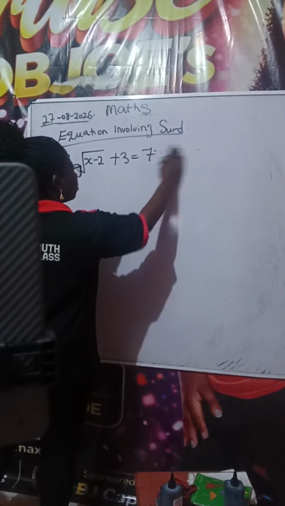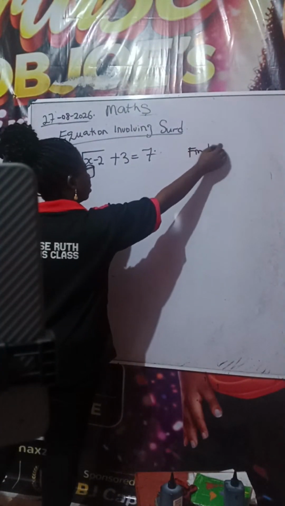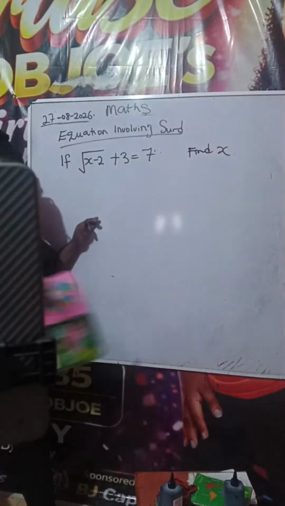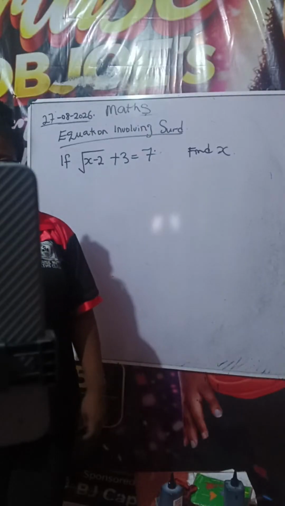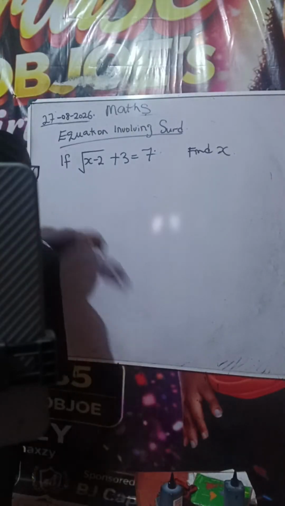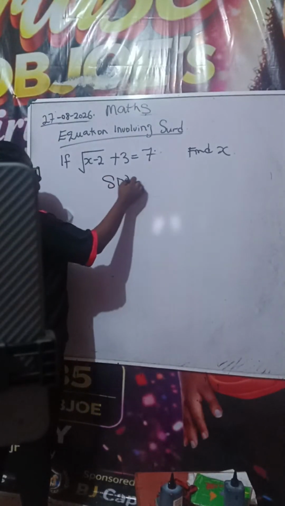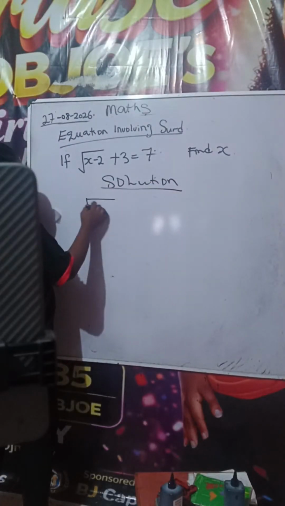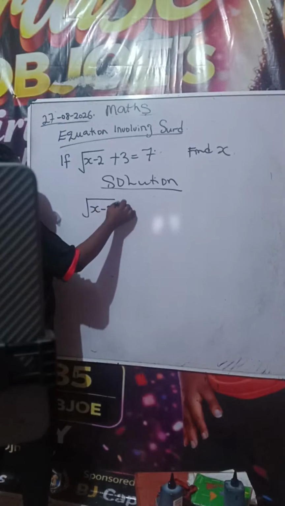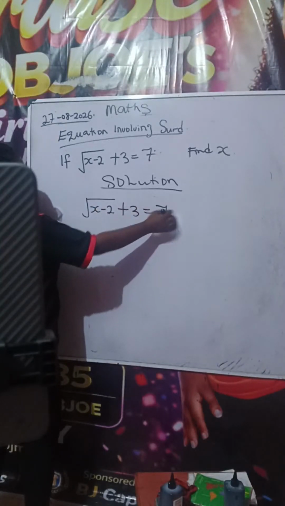Now, we are asked to find x. It's very, very simple. So what do we do? Solution. So we have root x minus 2 plus 3 is equal to 7.